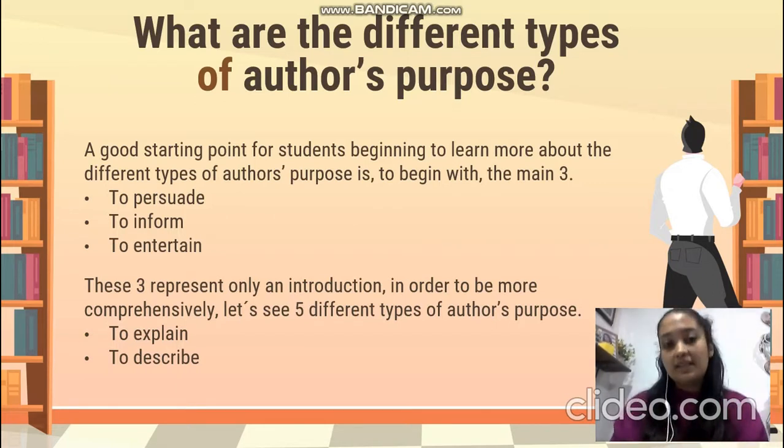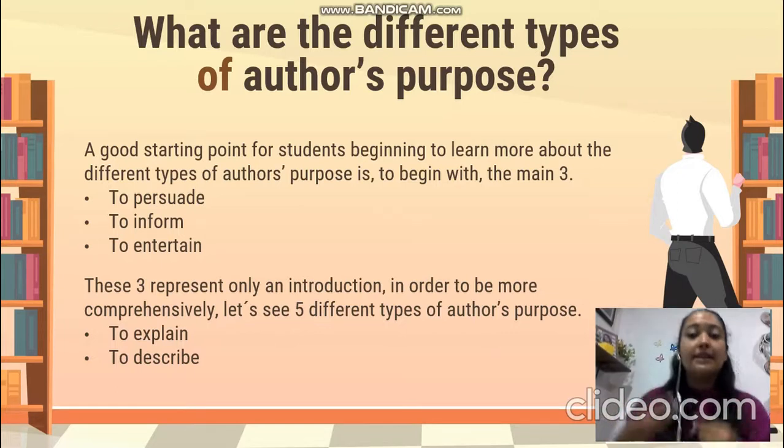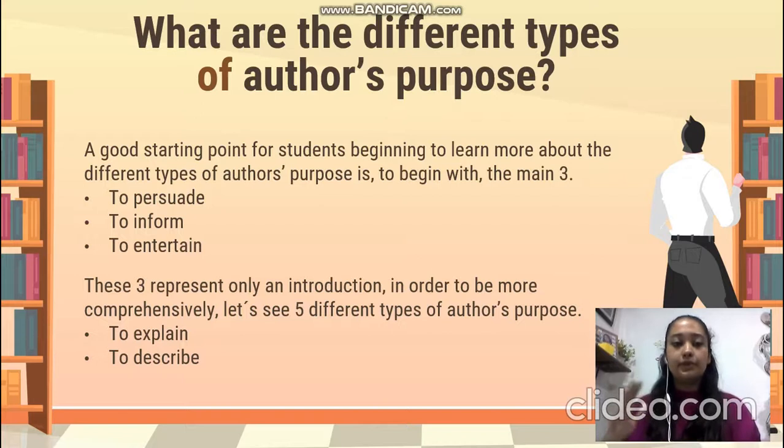This can easily be remembered with the PIE acronym, but these three represent only an introduction. In the interest of covering the topic a little more comprehensively, we will talk about five different types of author purpose, with some examples of each in use and a few helpful indications for identifying them.